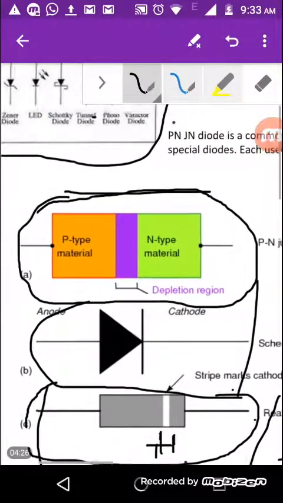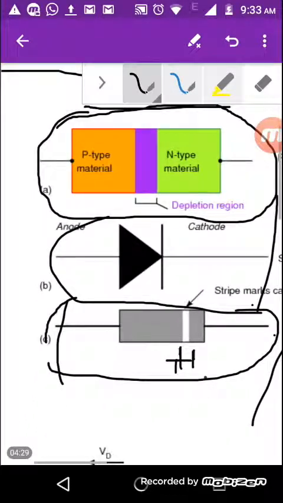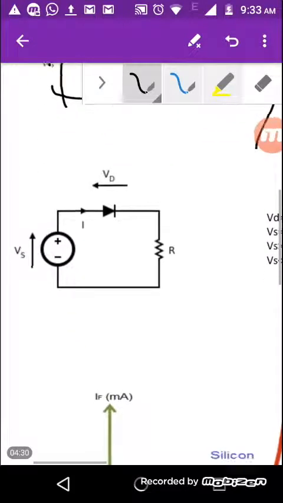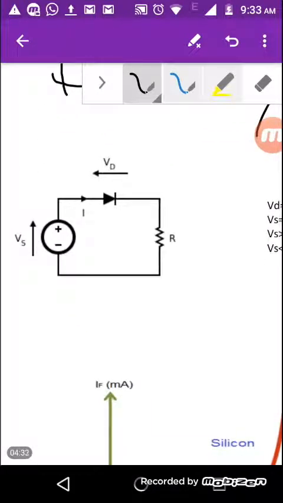This depletion region has the form of a voltage difference. This voltage difference is called Vd, and Vs is the voltage supply applied to the circuit.